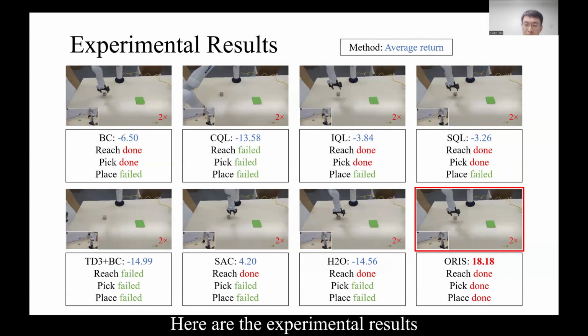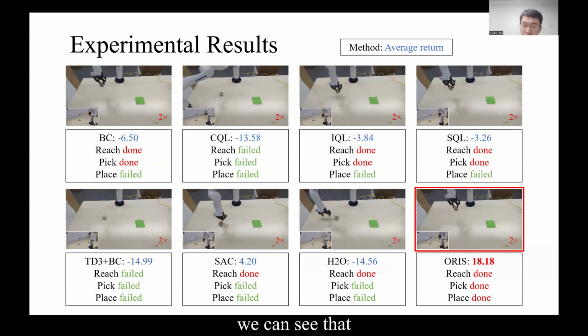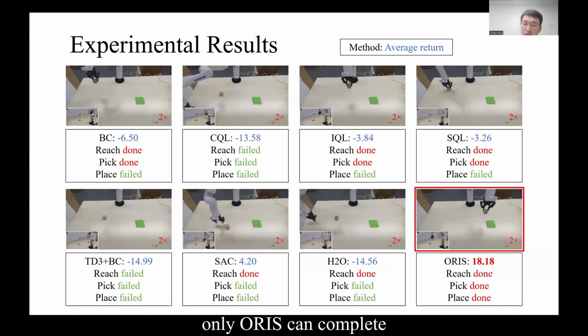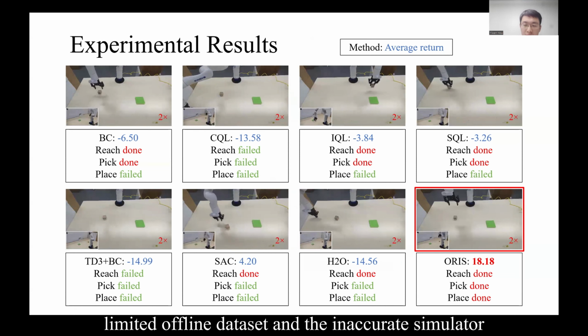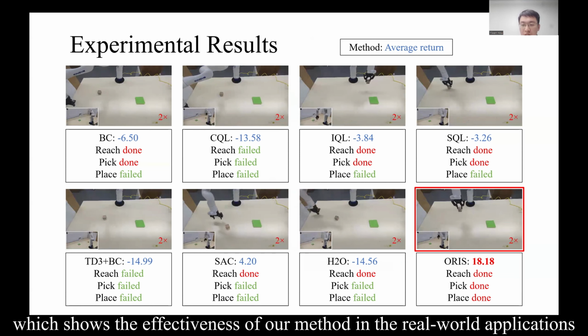Here are the experimental results. We can see that only our method can complete the challenging task due to proper utilization of both the limited offline dataset and the inaccurate simulator, which shows the effectiveness of our methods in real-world applications.